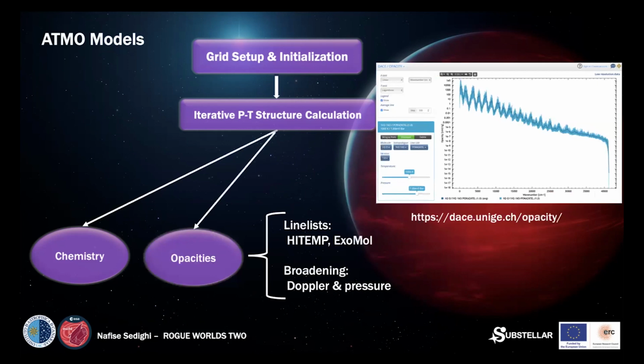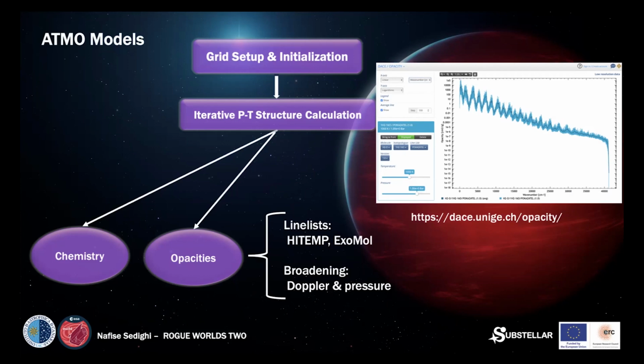So the next thing that we need to set up is the opacity files. Opacity files include the line list files that include the atomic and molecular line transitions. We used the line list databases provided by HITEMP or ExoMol.